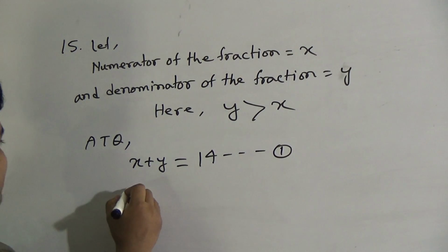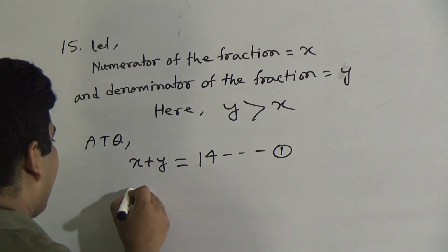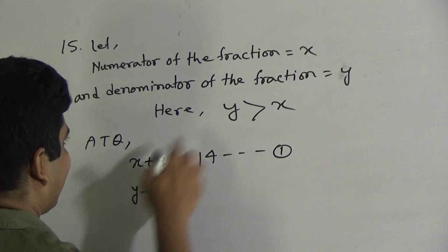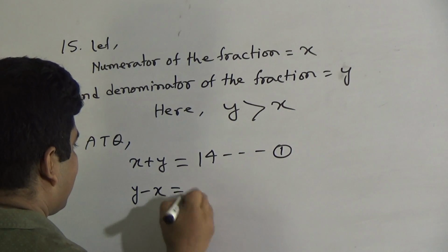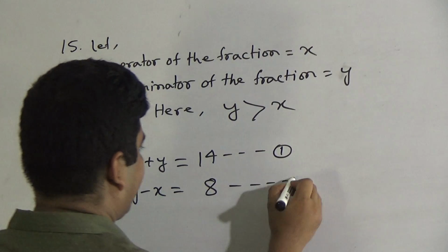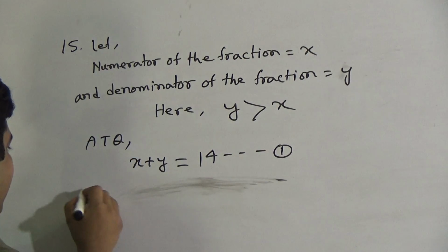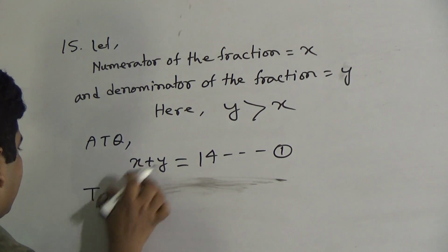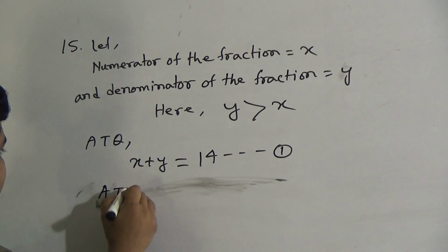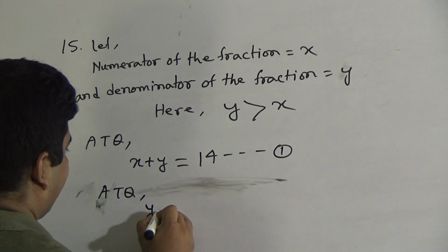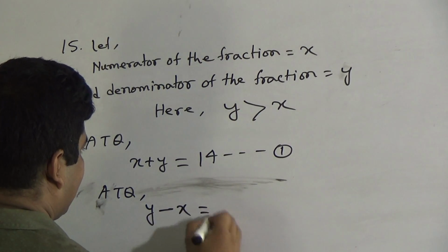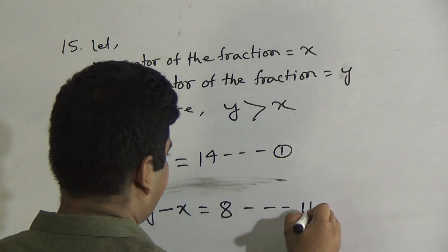So this time we subtract x from y, because here y is greater than x. So according to the second condition, y minus x equal to 8. This is equation number 2.